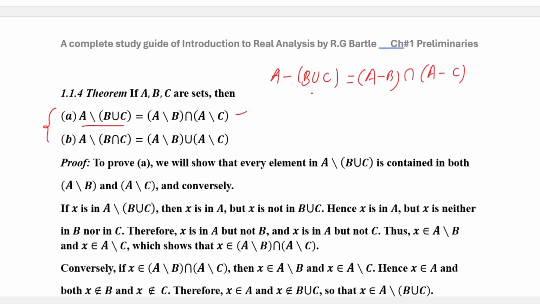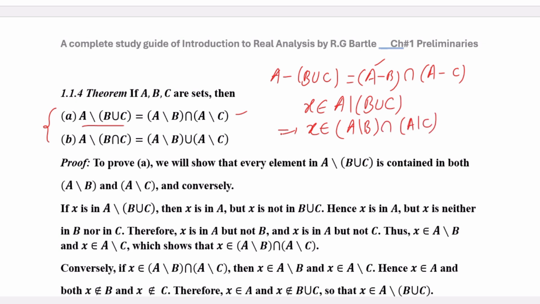To prove this, I will use the following method. I will take some arbitrary element x from one side. Suppose I take x as an element of the left side, A minus (B union C). Then I will show x is also an element of the right side, that is, x also belongs to the intersection.